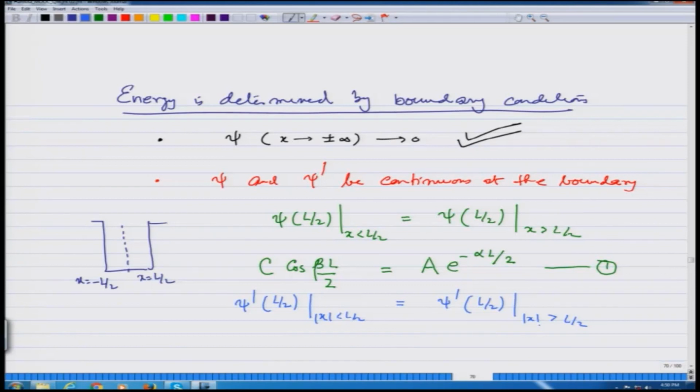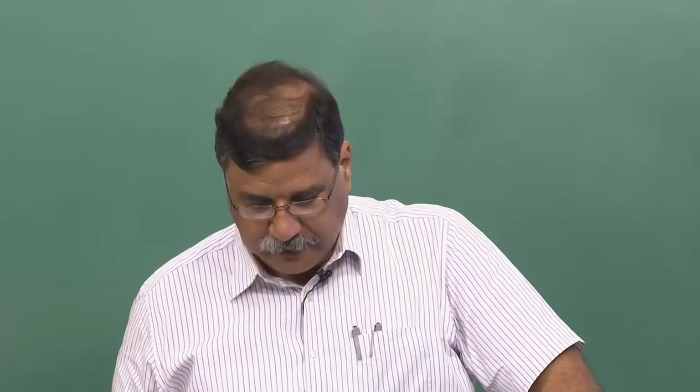And that tells me minus c beta sine of beta L by 2 is equal to minus alpha a e raised to minus alpha L by 2. That is my equation number 2. And these two equations are sufficient to give me the energy. So, let us see what we get from this.